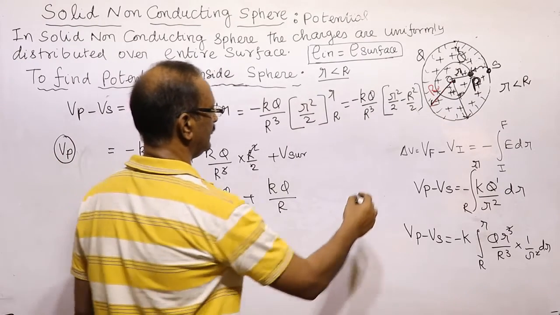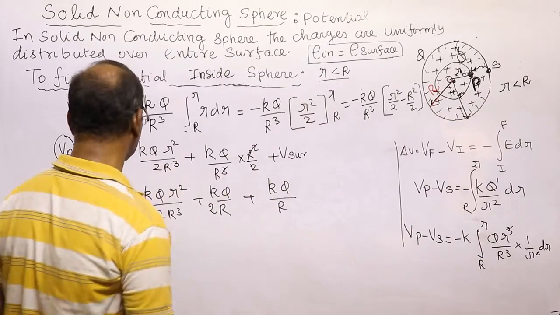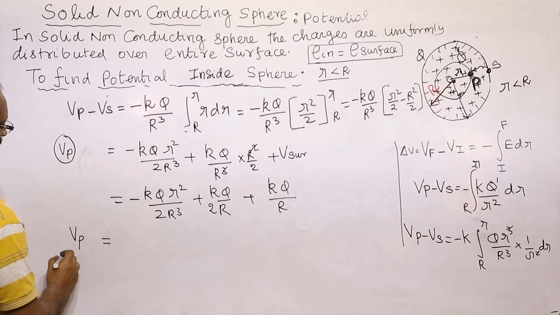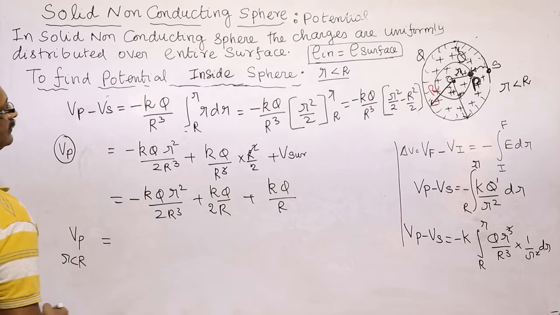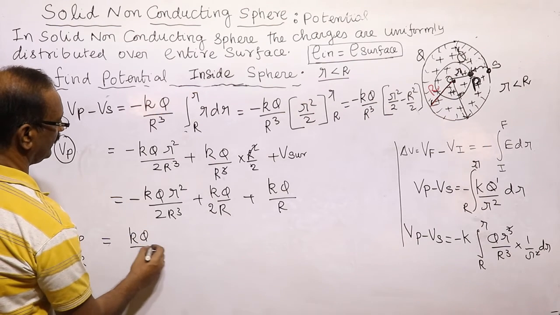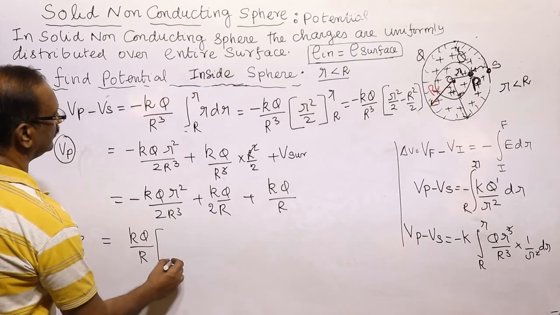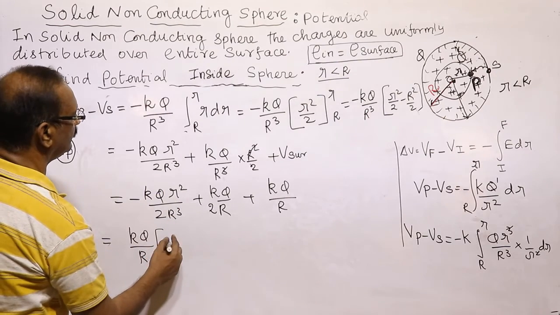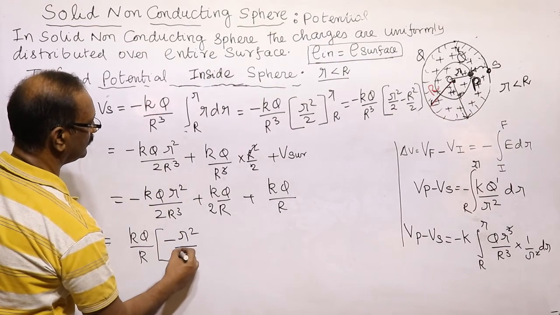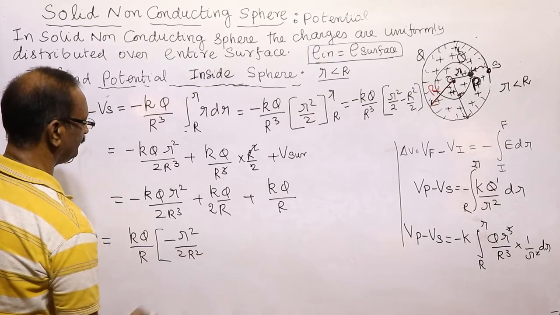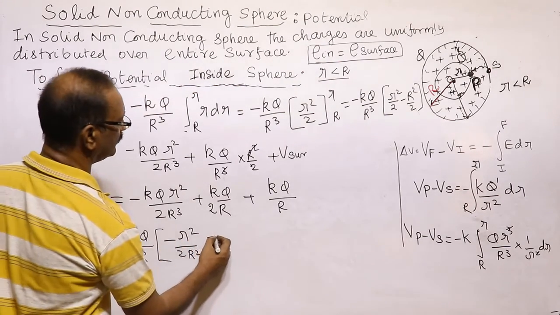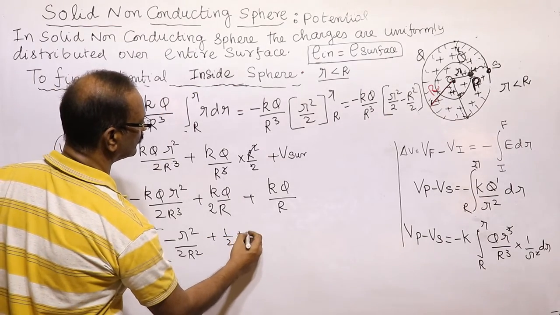So we can write this in another way also. This is equal to the potential at point P where r is less than R. We take kq by R outside, so this becomes minus r square by 2R square. kq by R, this becomes half plus 1.